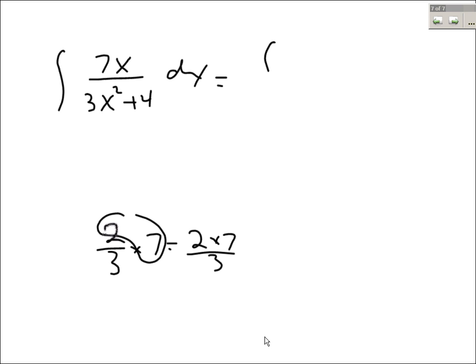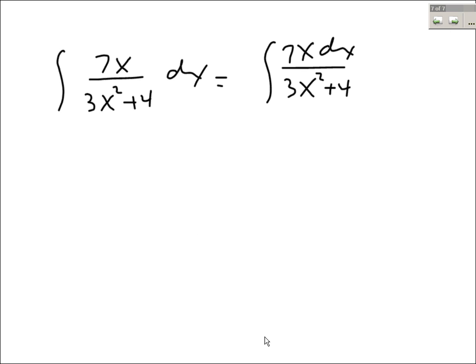That's why I always write things like 7x dx. It is to bring the constant in front. That is that 7. Let's try that again. That 7, I would bring in the front.